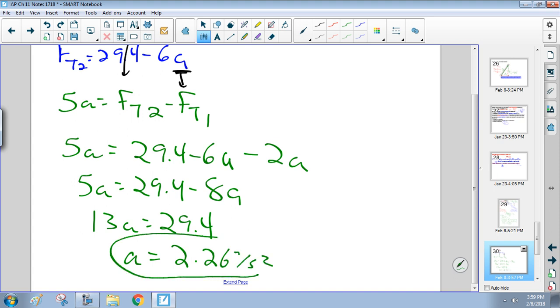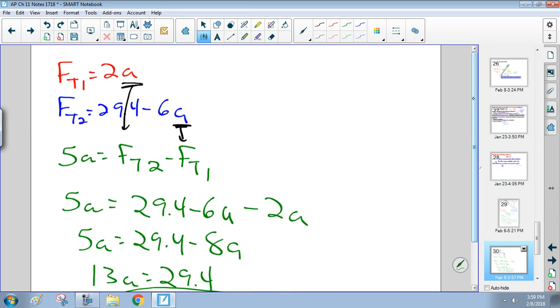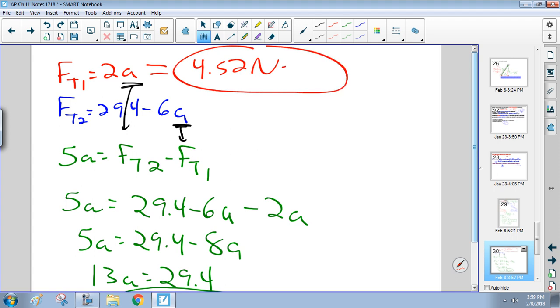So there's the acceleration of the system. Obviously, you can go back in and find your tension forces by plugging those in. So force of tension 1 ends up being 4.52 newtons, and force of tension 2 ends up being 15.83 newtons.